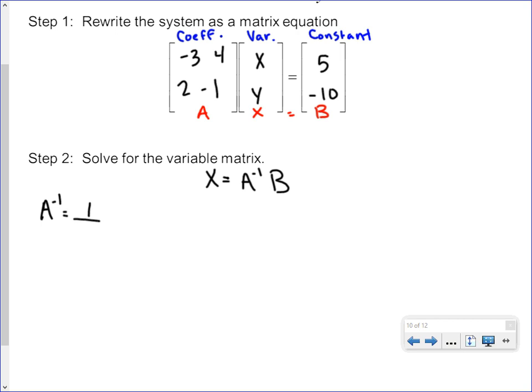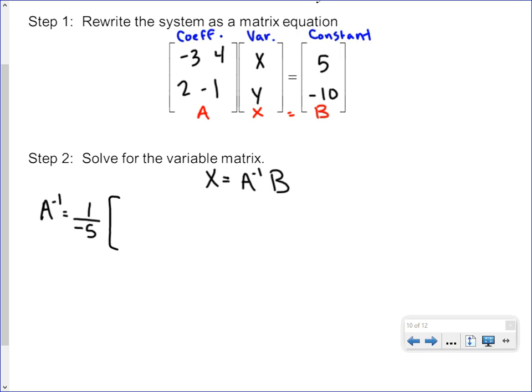I'm going to do the AD minus BC in one step. So that'll be 3 minus 8, which will be negative 5. So I'm doing the inverse for the matrix A, which is the coefficient matrix. Positive 3 minus 8 is negative 5.